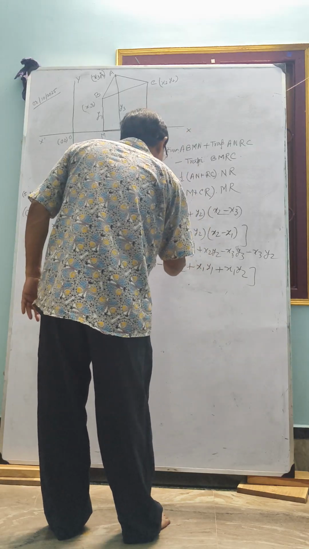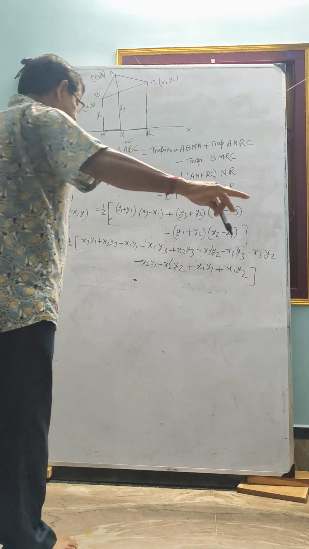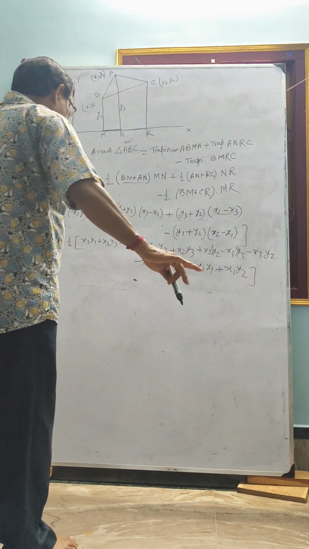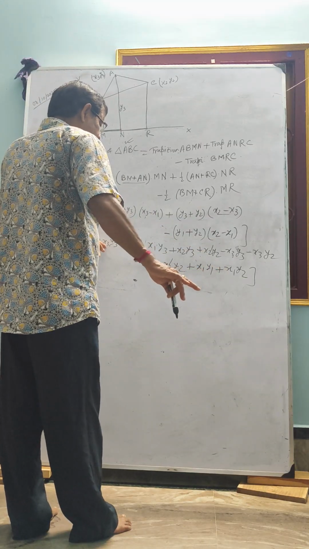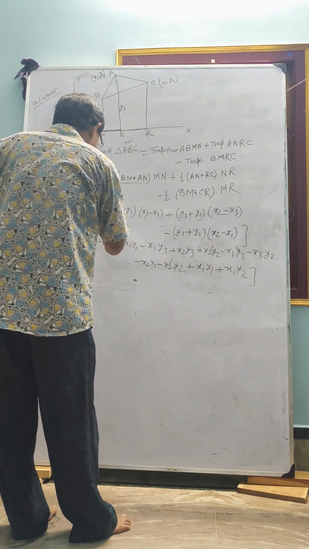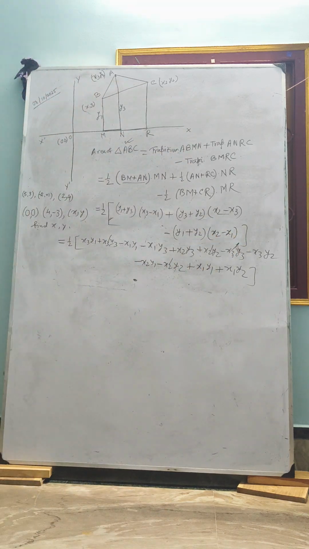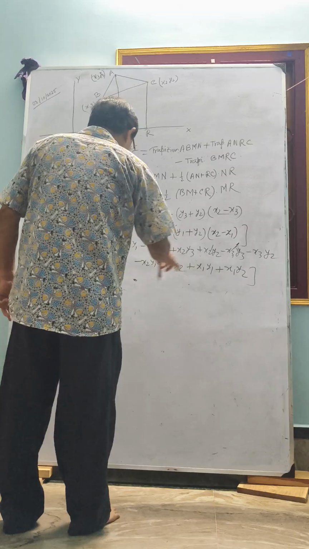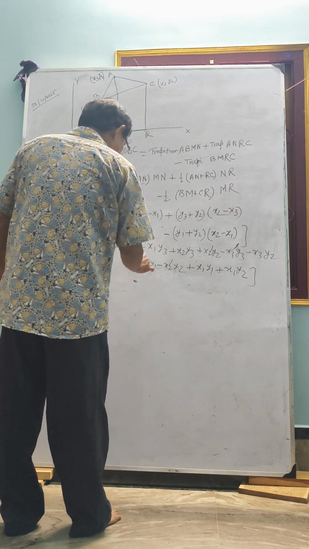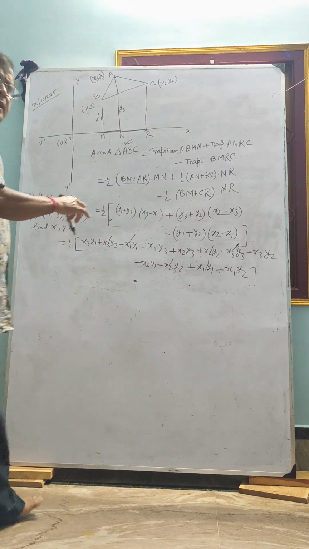Yes, x2 y2, very critical, mind it. x2 y2, x1 y3, x3 y3, there will be x3 y3. Next x2 y2 is cancelled. x1 y1 anywhere? Yes, no problem, x1 y1.